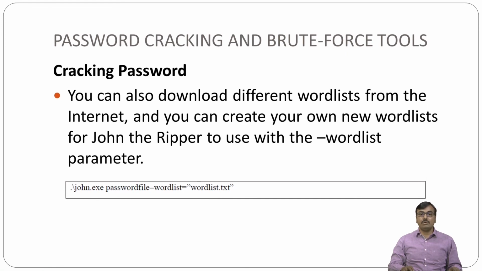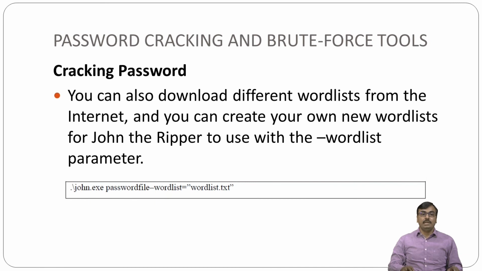You can download different word lists from the internet and you can create your own new word list. If you would like to create your own list, then you can. If you would like to modify that word list, then you can. And possibly your guessable passwords you can enter in that particular word list file.